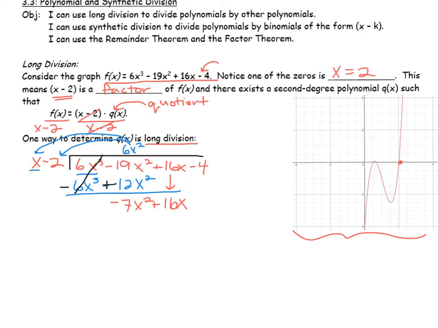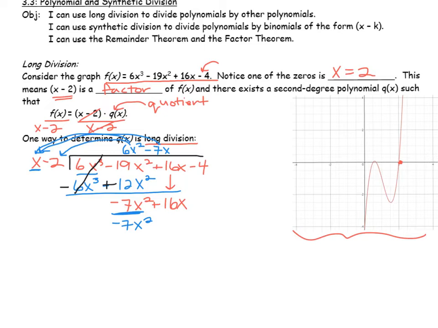Take that first term on the outside of x, and now the first term with what's left over is negative 7x^2. What could we multiply x by to equal and cancel out negative 7x^2? We would need negative 7 and x. Again, I'm going to multiply it by that first term, and that would give me negative 7x^2.